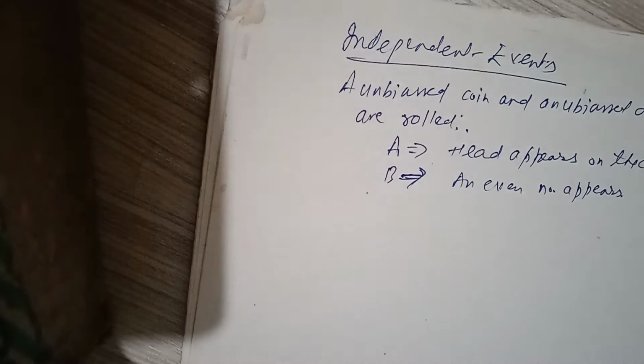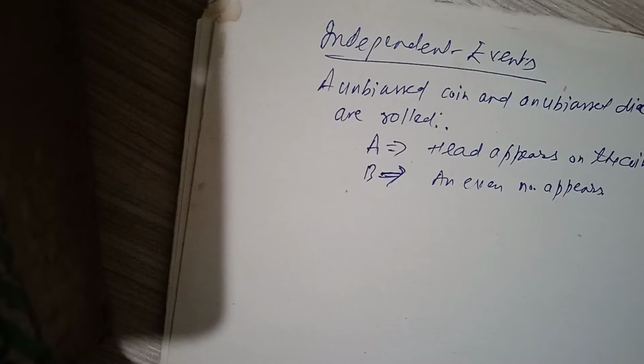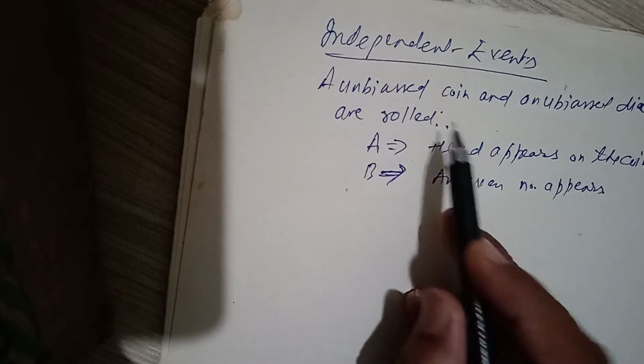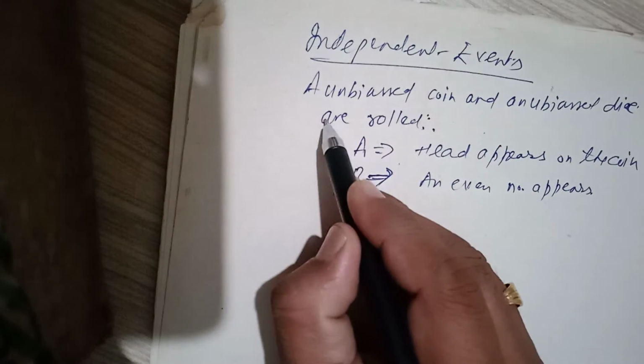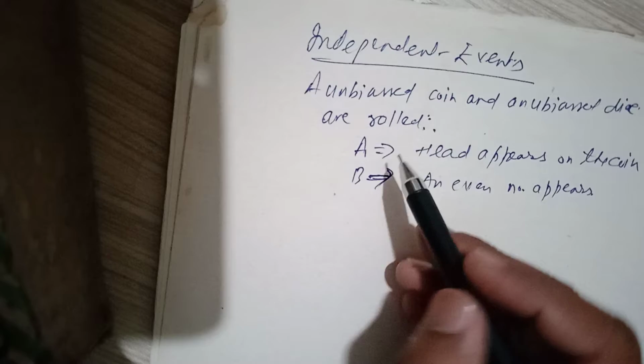Let us say that an unbiased coin is tossed and an unbiased die is rolled.